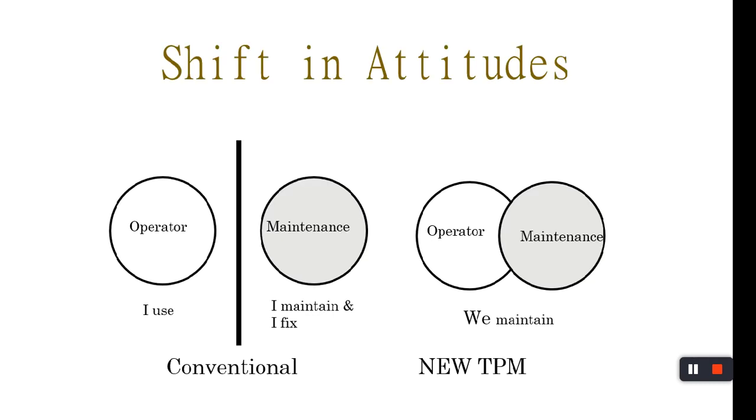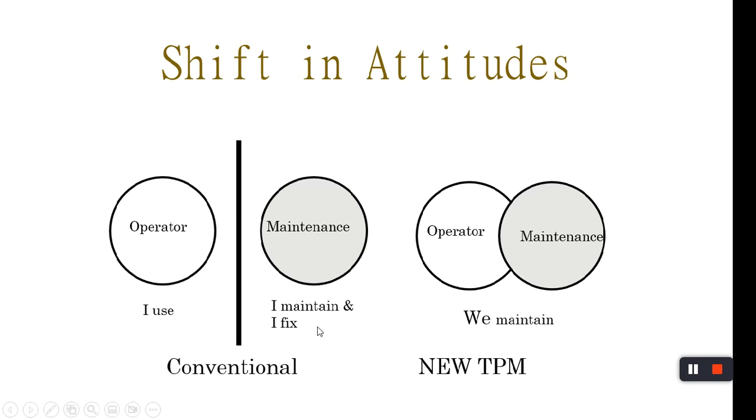Okay, because of the introduction of TPM, Total Productive Maintenance, there is now a shift in attitudes. So this is the conventional attitude. When we say conventional, this is the traditional, the old one. So we have the separation of the operator of the machine and the person in charge of the maintenance. So the operator says, I am the one using the machine, while the maintenance personnel is the one maintaining and fixing the machineries and equipment.